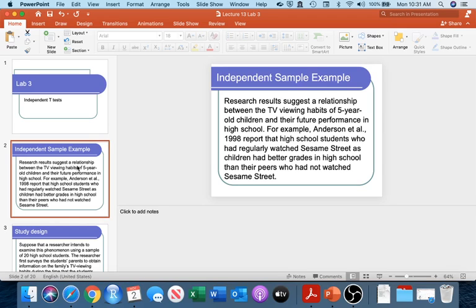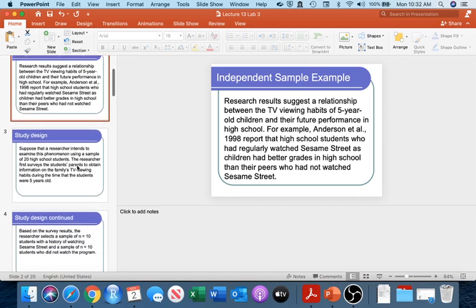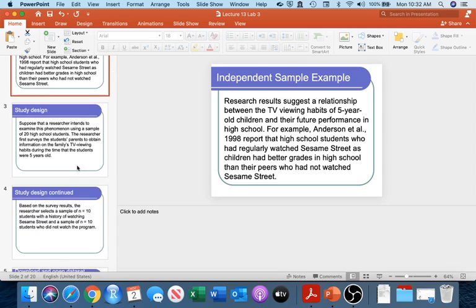So for the independent t-test, we talked about a study where we had some high school students who watched Sesame Street as children, and some students who did not watch Sesame Street as children. So we wanted to compare in this study what grades were for students who watched Sesame Street versus did not watch Sesame Street.